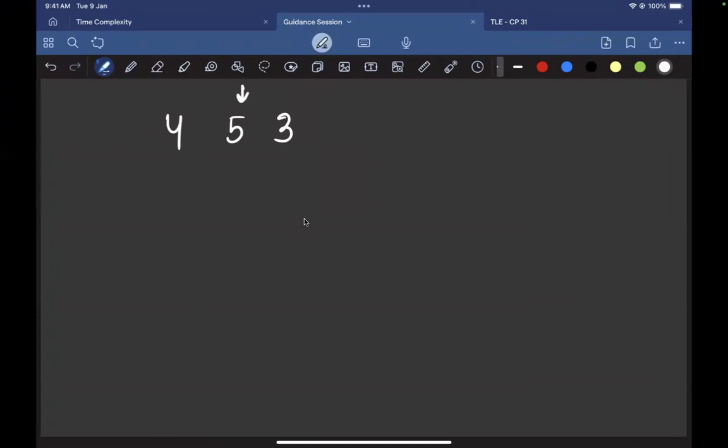Now 5 being the largest element, on the left there is 4, on the right there is 3. So left half is 4, right half is 3. So 5 minus 4 minus 3 will effectively give you -2, but you don't want a negative value, so this will effectively go down to 0. So you would report your answer as 0.